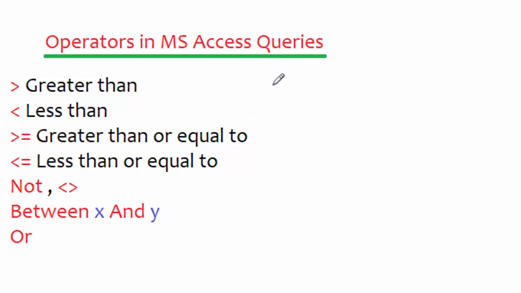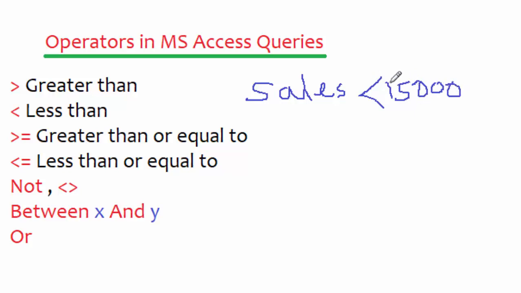For example, if we look for cell figures which are less than 15,000, it will only pick values which are less than 15,000, and anything which is 15,000 and more will not be shown in the result.